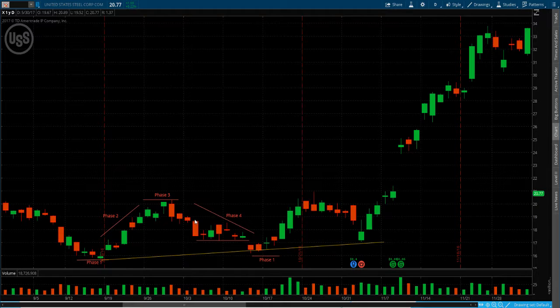We're starting to roll over. The downtrend is phase 4. And then here we start with phase 1 again. We traded sideways a little bit, and now we're ready to push on up. But it's real simple when you draw it out on your charts.